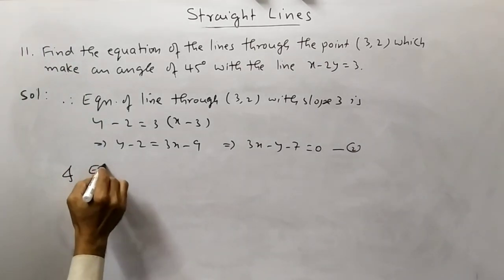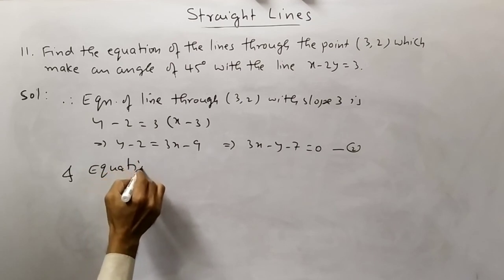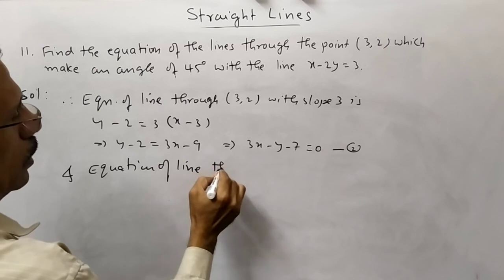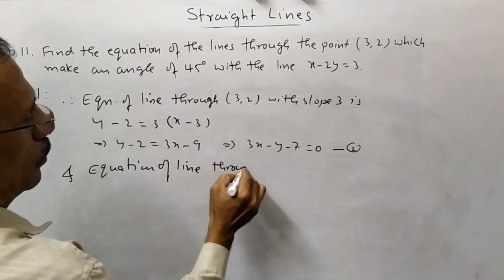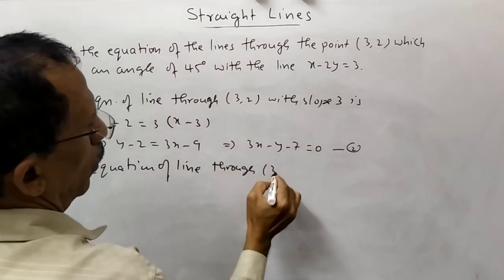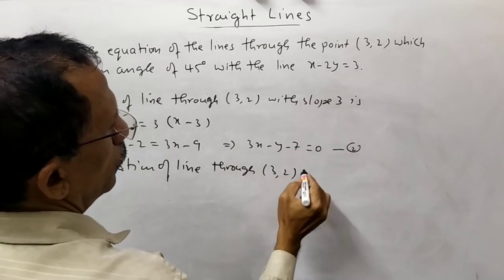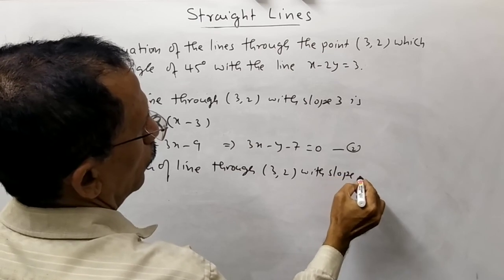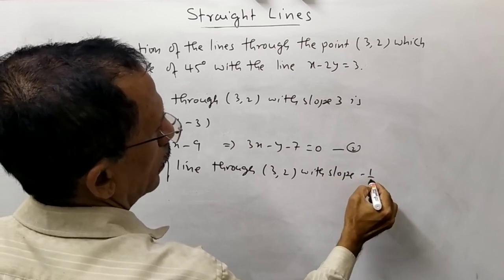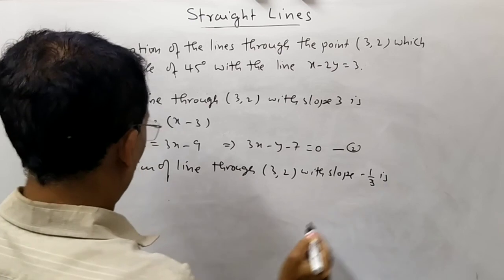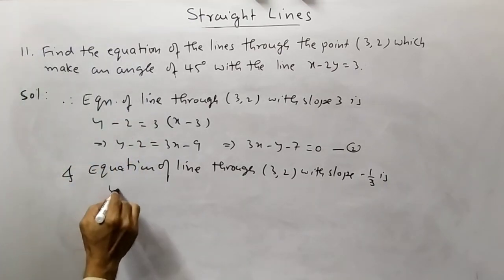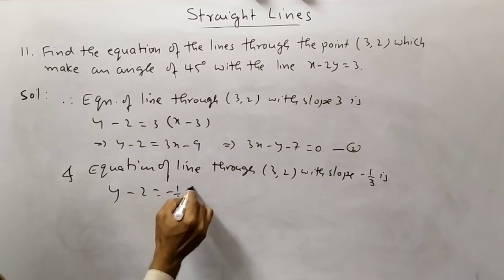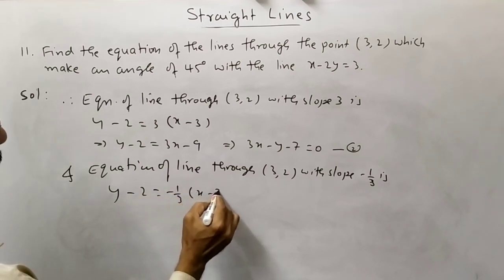And equation of line through the point with coordinates 3, 2 with slope minus 1 by 3 is y minus 2 is equal to minus 1 by 3 into x minus 3.